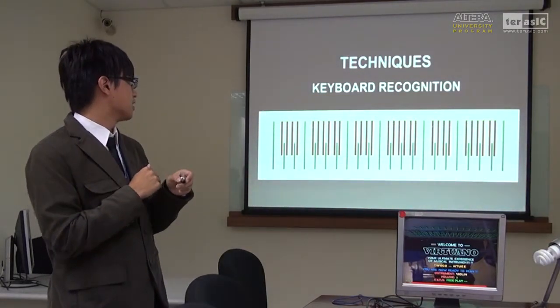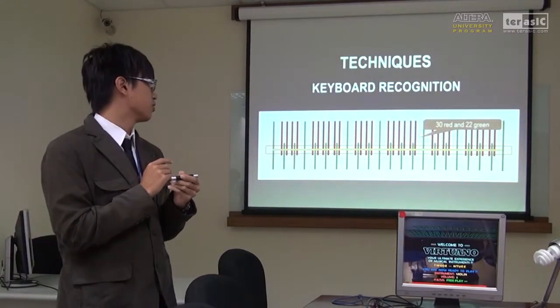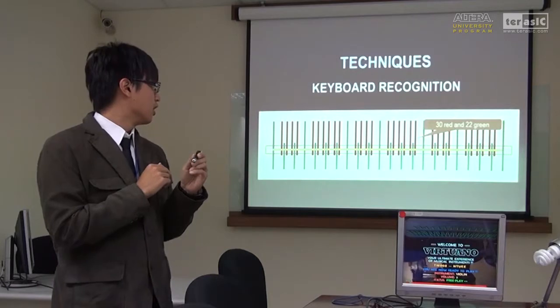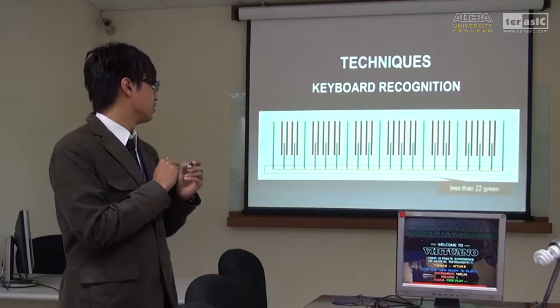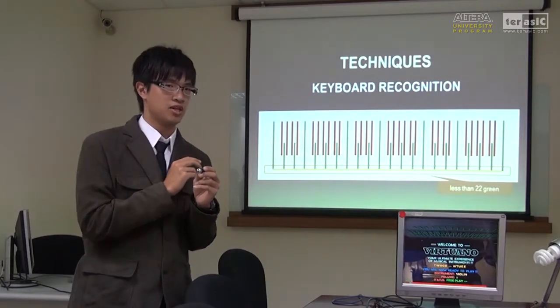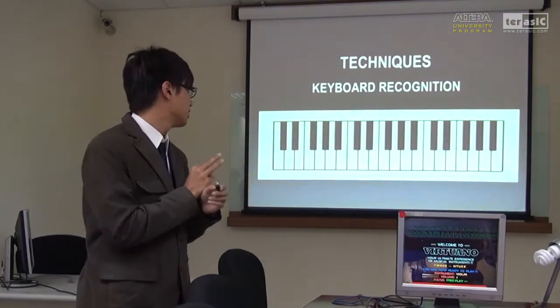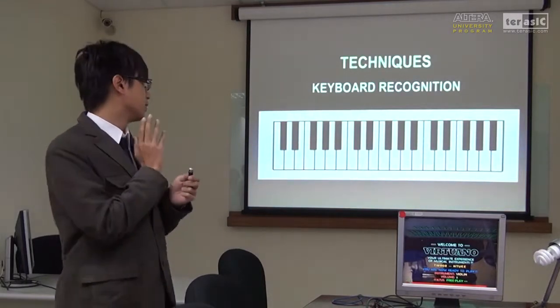As it scans to the middle area, it takes 30 red lines and 20 green lines as the middle boundary. And to the bottom, it takes crossing less than 22 green lines as the bottom boundary. So with these three boundaries and the red and green lines, we form the keyboard.